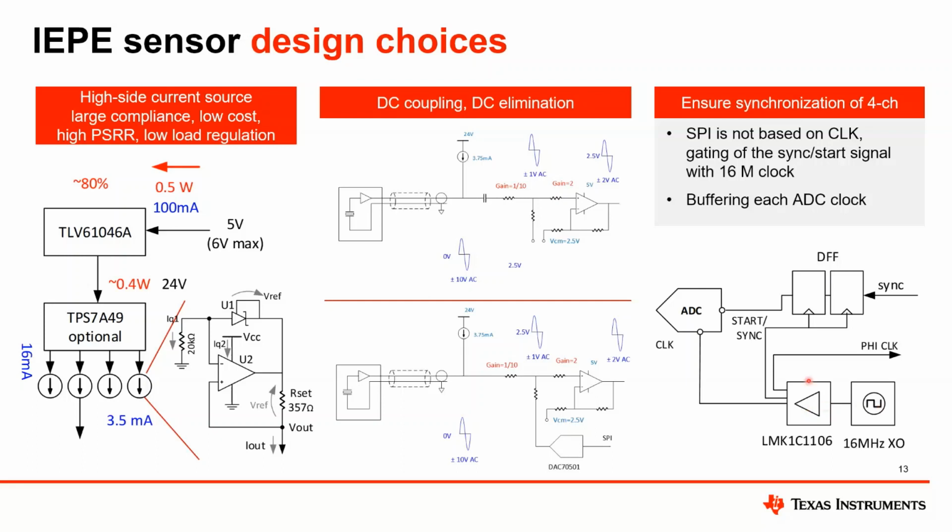Second, the start sync signal, which goes to every ADC, needs to be sampled exactly at the same time, at the same clock cycle. And this is done, as shown here, through a simple logic that gates the sync signal with the same ADC clock to ensure that all ADCs are sampling the start sync signal at exactly the same instant.